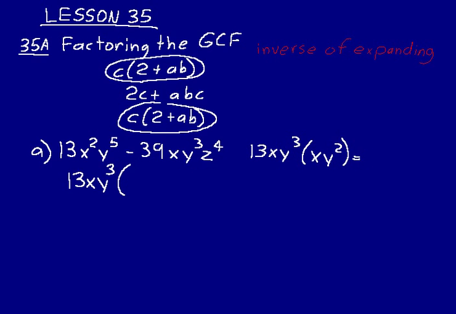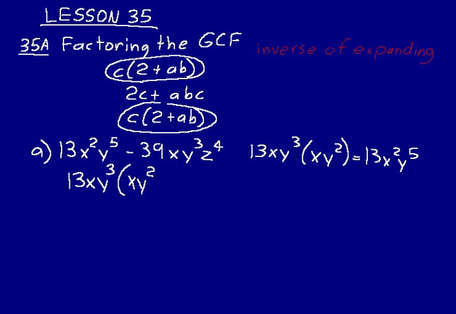That would equal 13x squared y to the fifth, our original first term there. So that's what goes on the inside of the parentheses, this xy squared. And this is where it comes in handy to think about factoring being the inverse of expanding. You have to think, what would I multiply the greatest common factor by to get back to my original first term? And so we have that done.